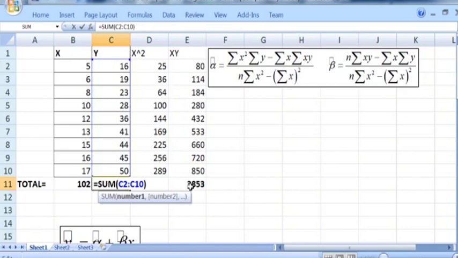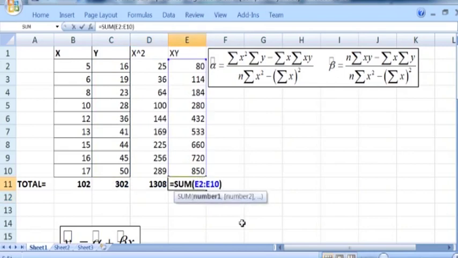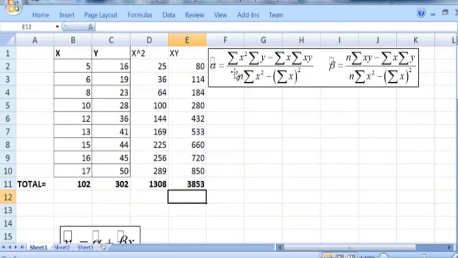So here we have sum of C2 to C10 and sum of D2 to D10 and sum of E2 to E10. So now just use these calculated summation values in these formulas to get alpha hat and beta hat.